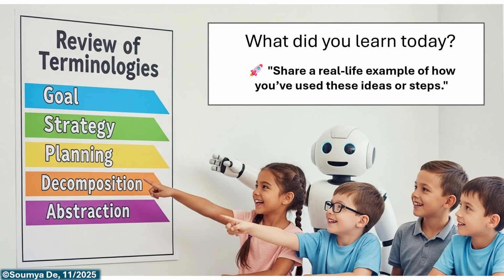Let's take a quick review of all the new ideas we learned today. Strategic planning, tactical planning, decomposition, abstraction, sequential versus episodic moves, means-end analysis, problem solving strategy, and the 8-step problem solving process. So, now share a real life example of how you have used these ideas or steps.